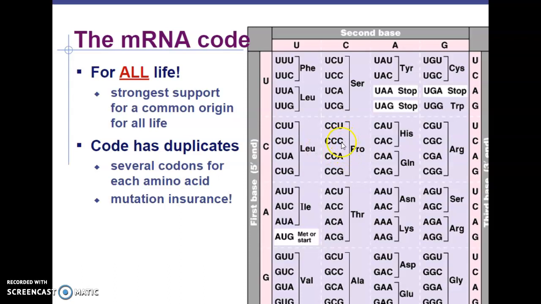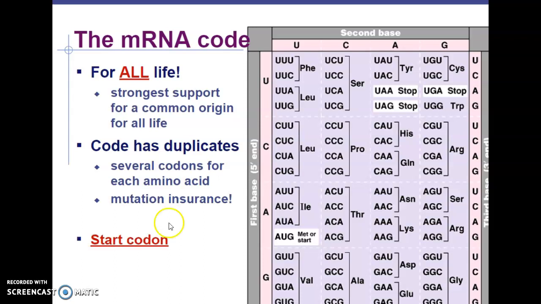So if that third letter is mutated, the DNA is mutated, it really doesn't matter. It's still going to translate into the same amino acid. So while the DNA may be mutated, the protein's still the same. So that's kind of a way to prevent mutations, at least mutations that could cause a problem.